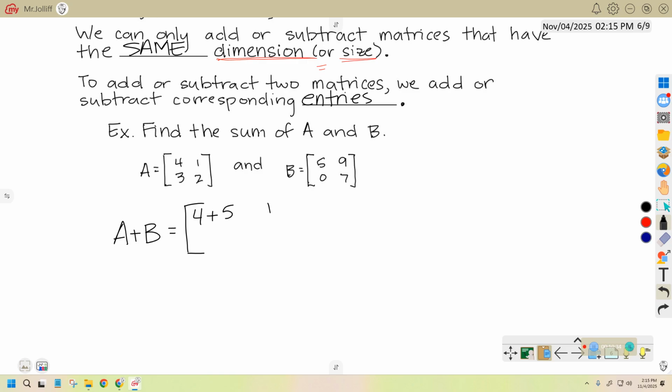First row, second column in B is 9. And then we get on the second row 3 plus 0 and 2 plus 7. Add corresponding locations in the matrix.